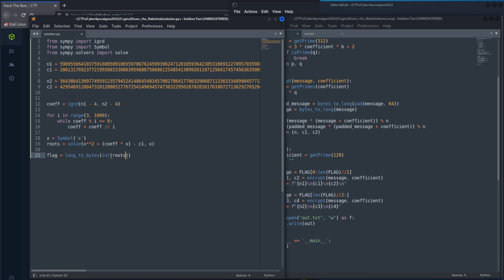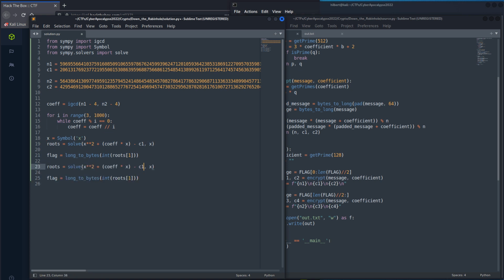So I'm converting it to a Python int, and we're going to convert that to bytes, and it's going to give us two roots, right? The negative and positive root, because there's two roots for the quadratic, and I believe it's negative and then positive, so we'll do the second root, and then basically just repeat this.